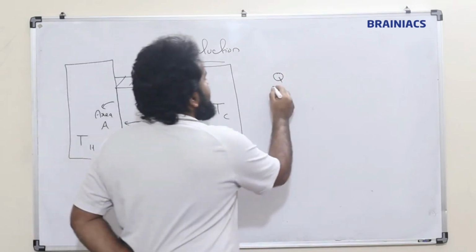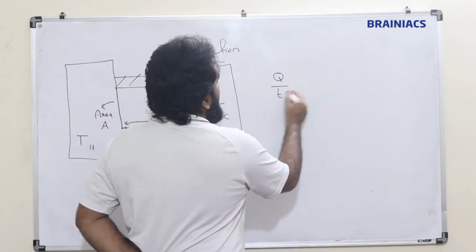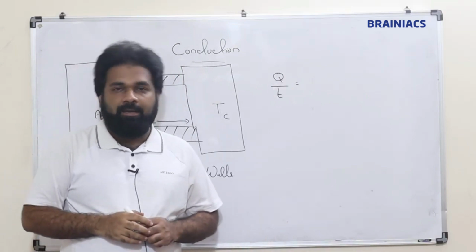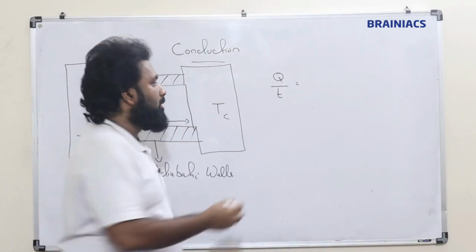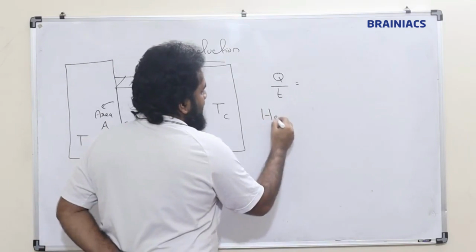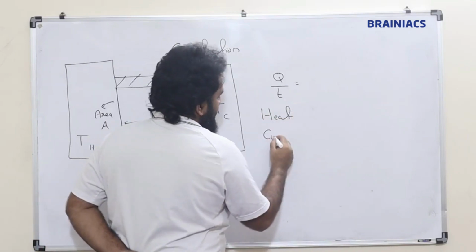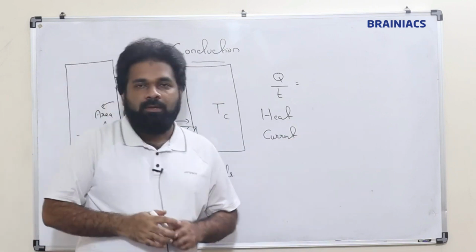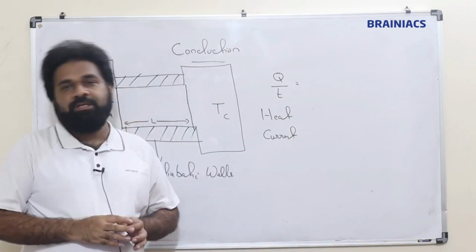So Q by t is called heat current, which is nothing but heat transferred per unit time.